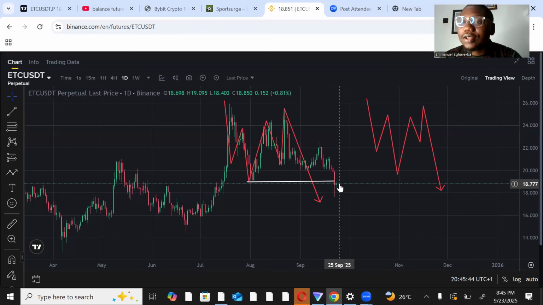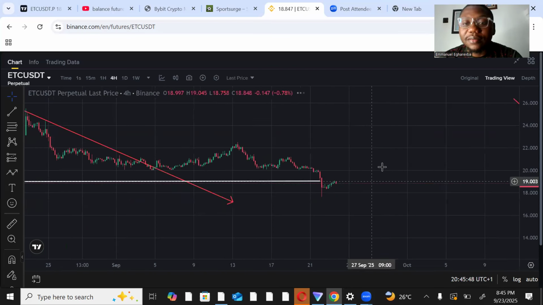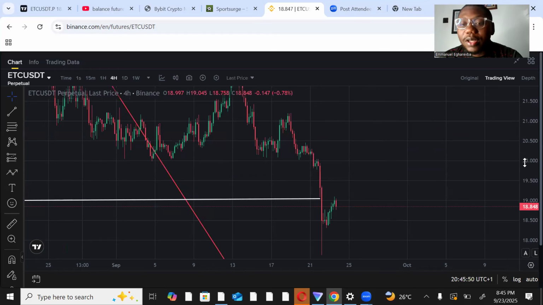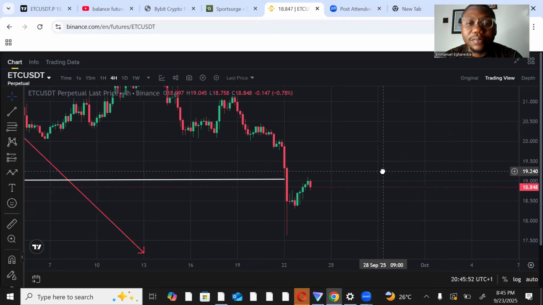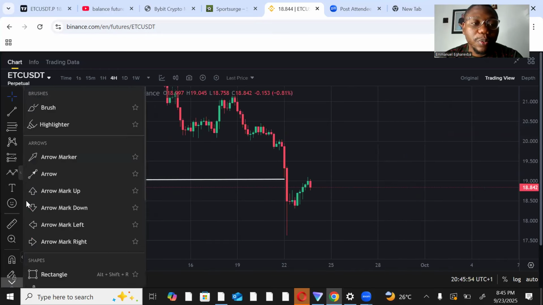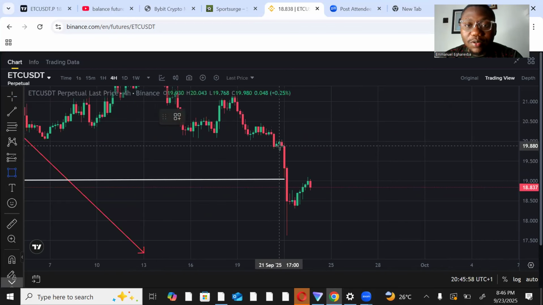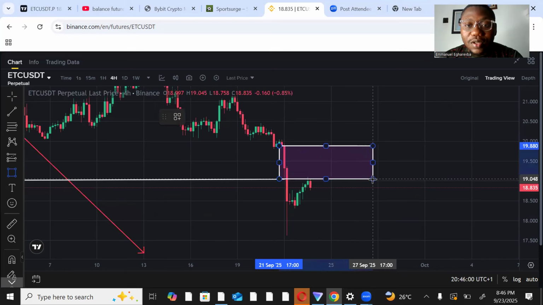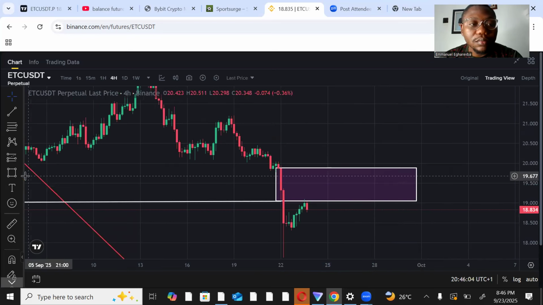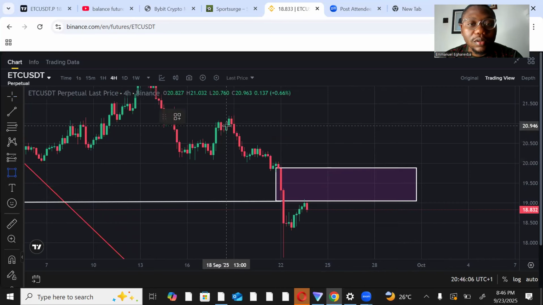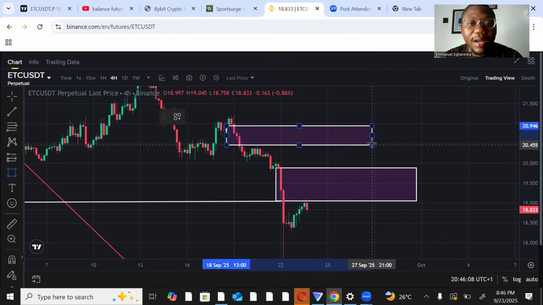All you have to do is come to the 4-hour time frame now and map out where you have fair value gaps, because price will go there. That is what price will do. Price will definitely want to go there. So we have a large fair value gap here. We have one here. These are reversal points. We have some here.